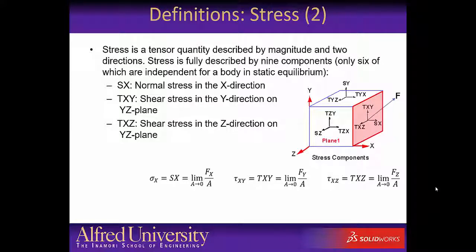This is written as tau sub xy. Tau indicates that it is a shearing stress, which has a different action as compared to a normal stress. The x subscript indicates that it exists on the x plane, and the y subscript indicates that it acts in the y direction.